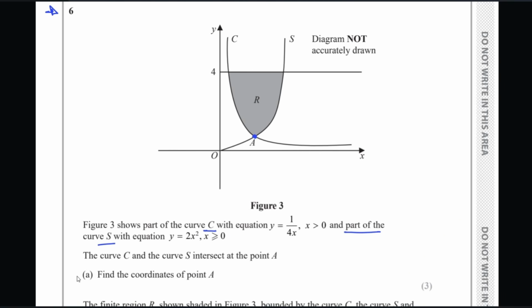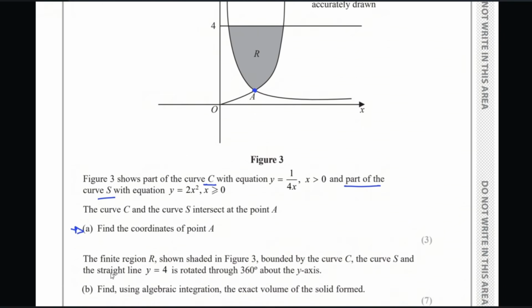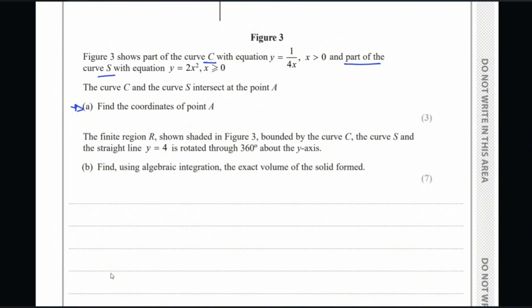Question A, find the coordinates of point A. So to find the coordinates of point A, we just have to equate the two curve equations. So for point A, 1 over 4x is equal to 2x squared. So curve C equated to curve S. So we can move 4x to the other side.